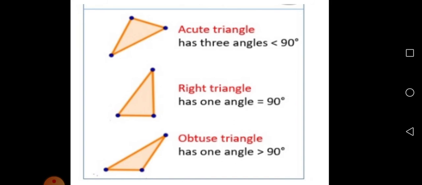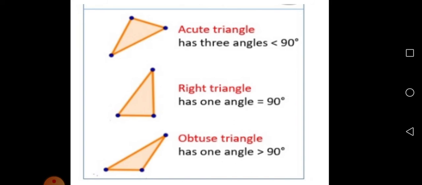If the triangle has a 90 degree angle, then you call that a right-angled triangle.